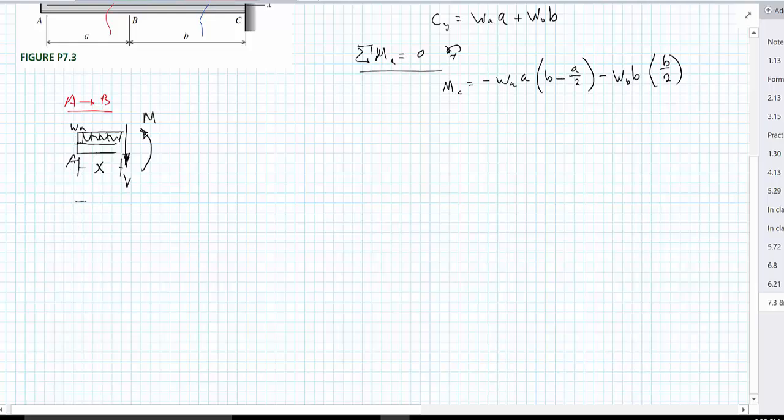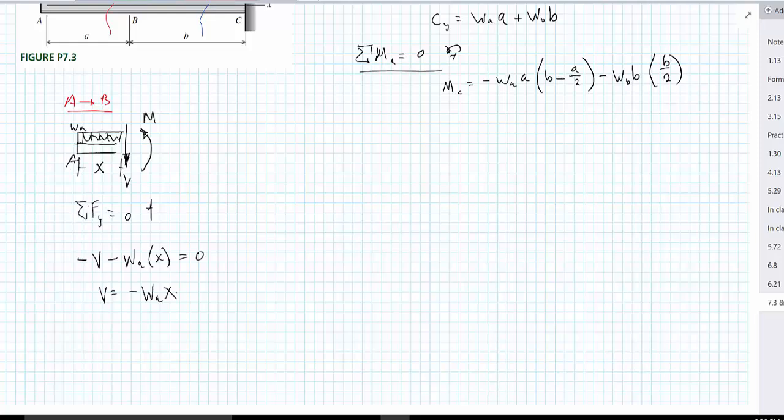So if we sum our forces in the y direction, which equals 0, positive being up, we'll have negative shear minus our distributive load multiplied by our distance x. So then our shear equals negative W_A x.